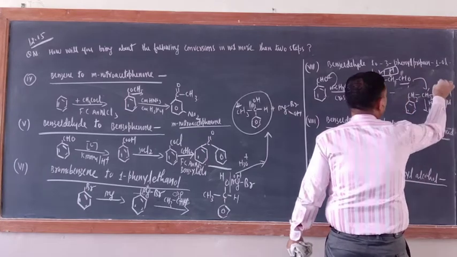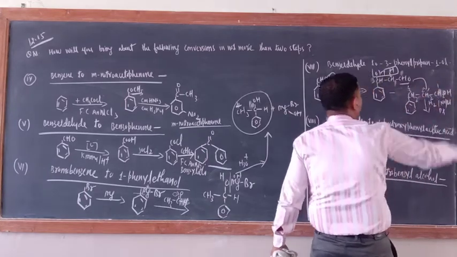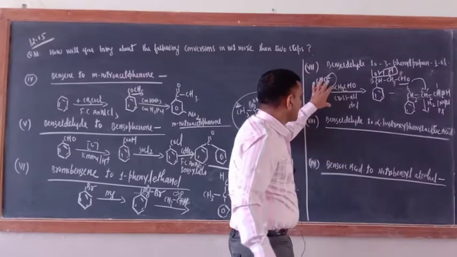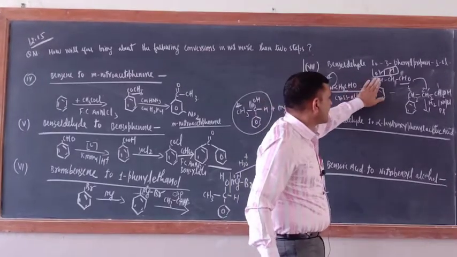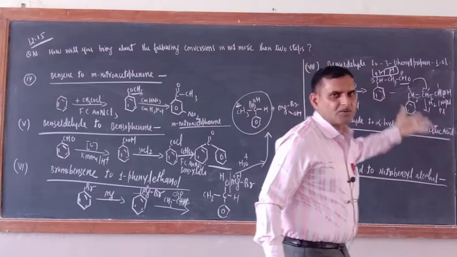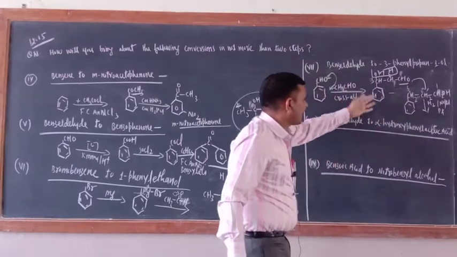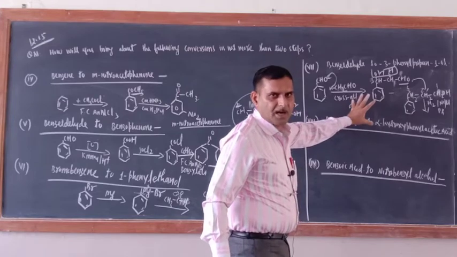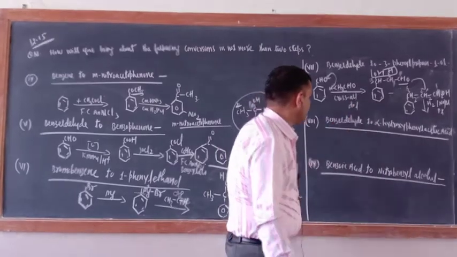Now you have got 3-phenyl propanol. Just remember, this is a cross aldol, a 2-step reaction you should write. Then you will get this one. Please work out this one. Space is not there, that is why it is a little bit blurred also. Please just check this one.